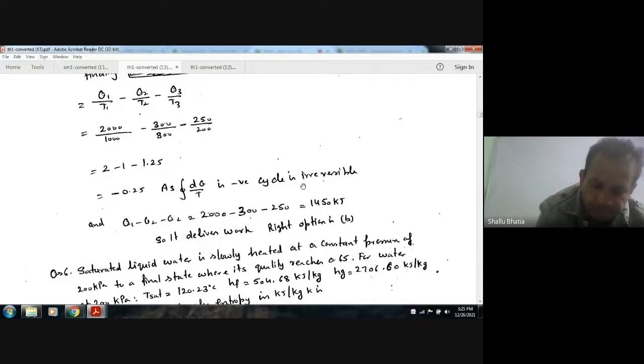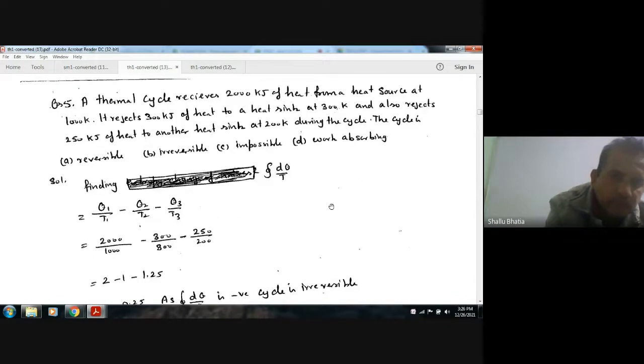Now the difference in heat input and heat output is Q1 minus Q2 minus Q2, so this is 2000 minus 300 minus 250. That is the amount of work we are getting, so it is not work absorbing.